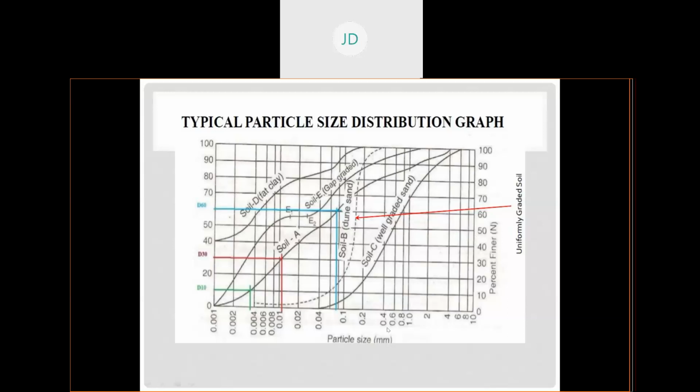Now in this particular graph, you can see the spaces on the x-axis are larger, isn't it? So this x-axis is in logarithmic scale, so that all the soil particle sizes can fit on a particular graph paper. That's why the x-axis is converted into log scale, and this graph paper is called semi-log graph paper.